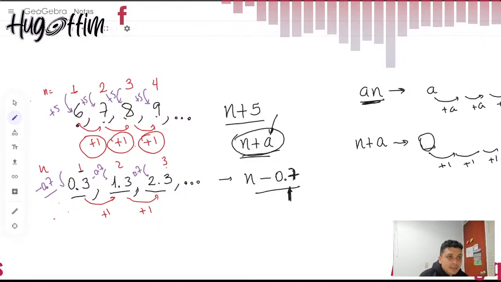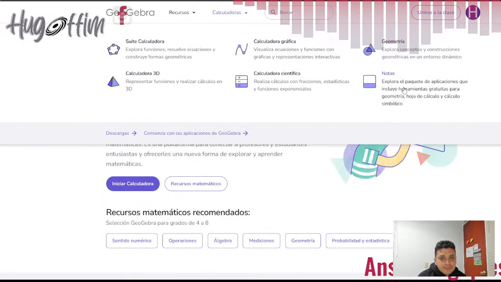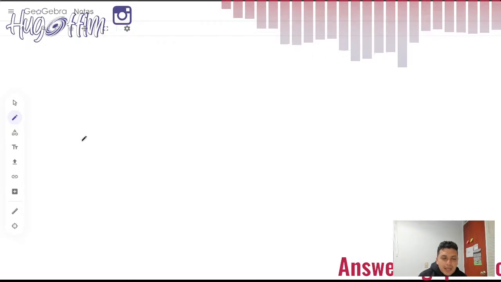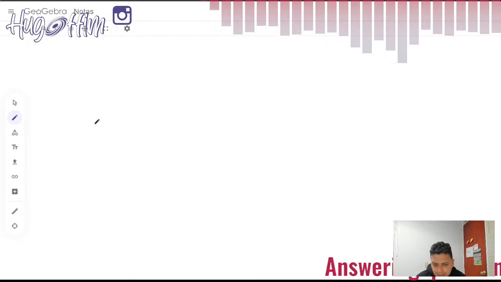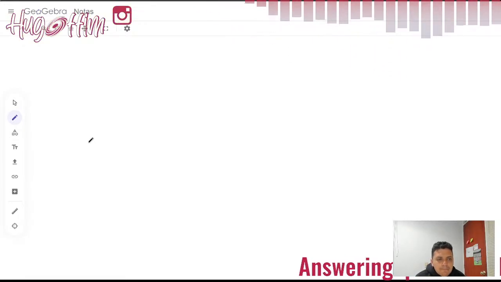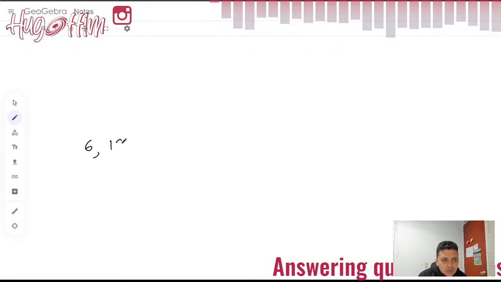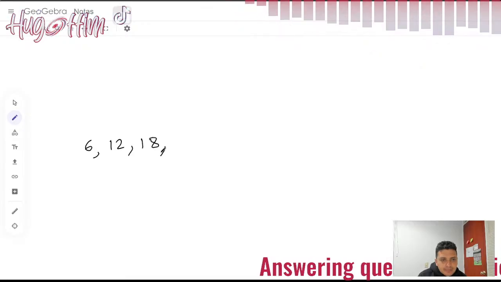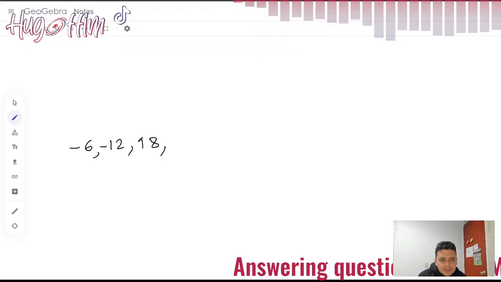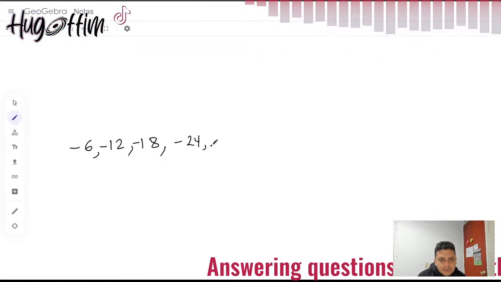Something that I recommend if you're learning sequences and you need to work out the nth term: let's say the sequence is a simple one, 6, 12, 18. Let's put it with negatives: negative 6, negative 12, negative 18, negative 24.